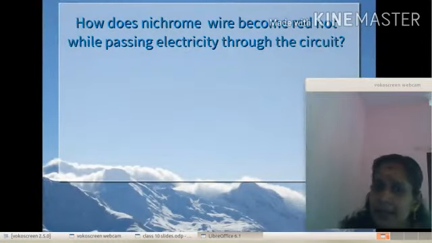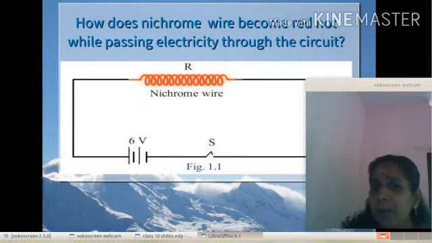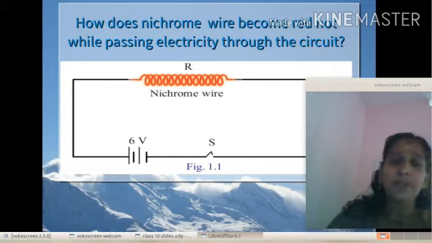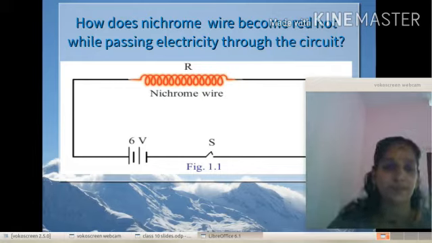How does nichrome wire become red hot while passing current through this circuit? For current, it is not a smooth path through this wire. It feels difficulty, it feels resistance. The wire resists the flow of current through it.